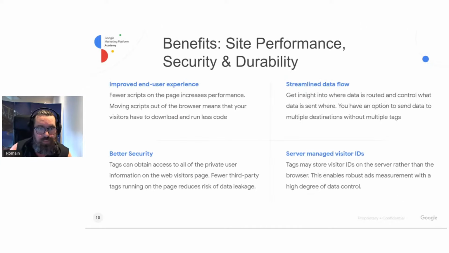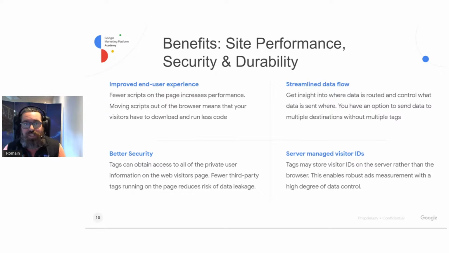So, value proposition. I think I already highlighted it quite a bit in the previous slide, but I want to emphasize it again. We have four main points. First, to improve the end user experience, obviously, by reducing the number of JavaScript libraries that are loaded, so that for the user it goes faster.